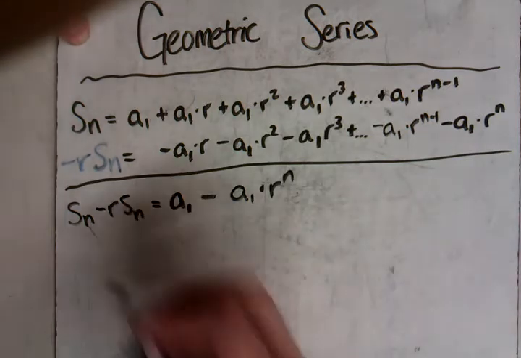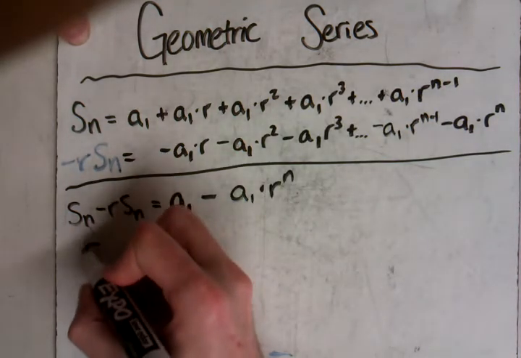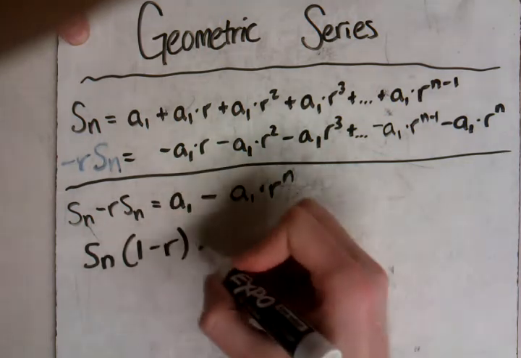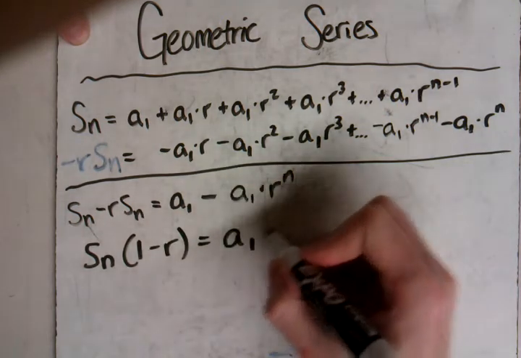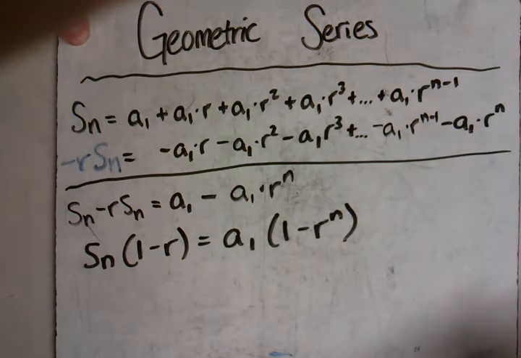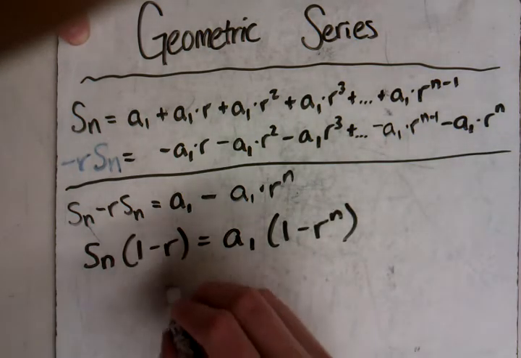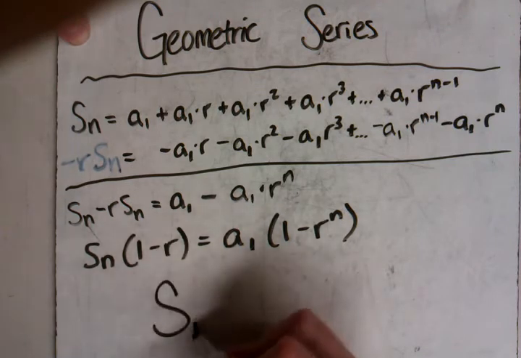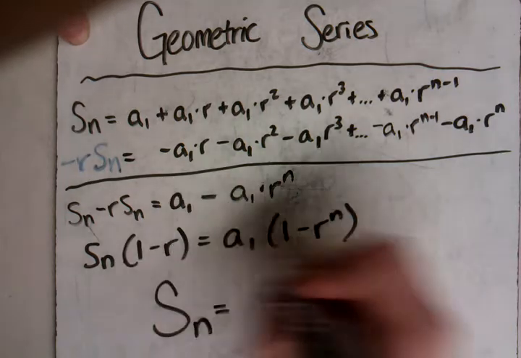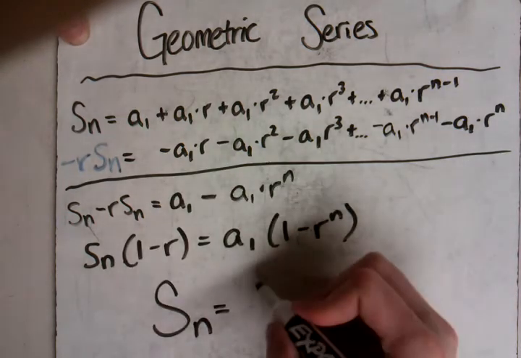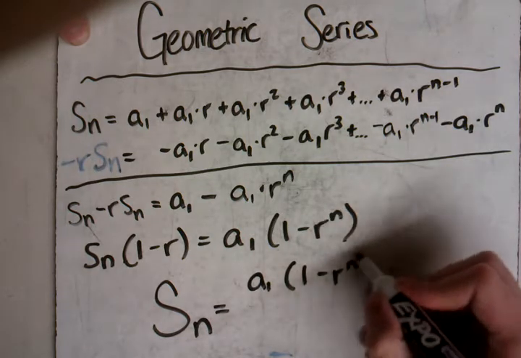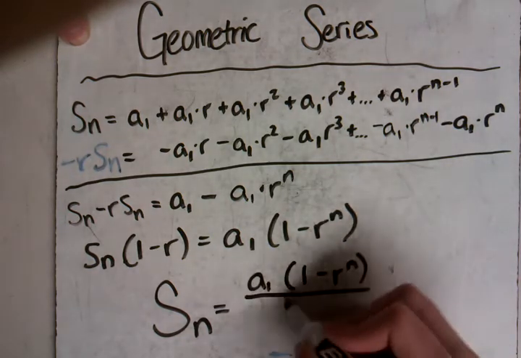Then what I can do now is on the left side factor out an Sn, and on the right side factor out an a1. And then finally I can solve for Sn and see that my formula to find the sum of a geometric series, if I divide both sides by 1 minus r, would be a1 times 1 minus r to the n, all over 1 minus r.